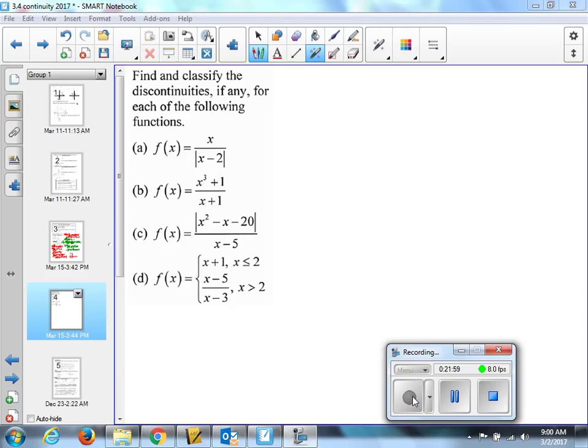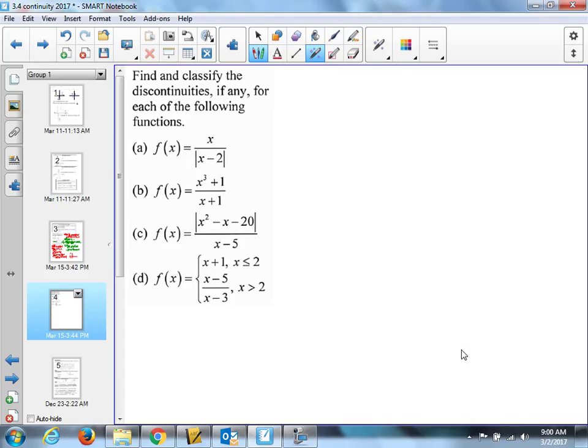Now, I will assume you can identify them from the pictures of the graph. So a little practice if we've got the equations given. As soon as you're looking at this, you're thinking, where could the possible discontinuity happen? What are you guys thinking is the possible spot where you're going to have trouble with this function?